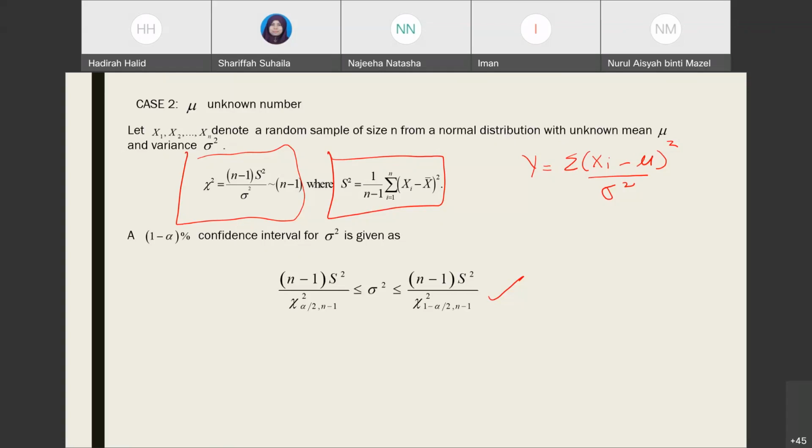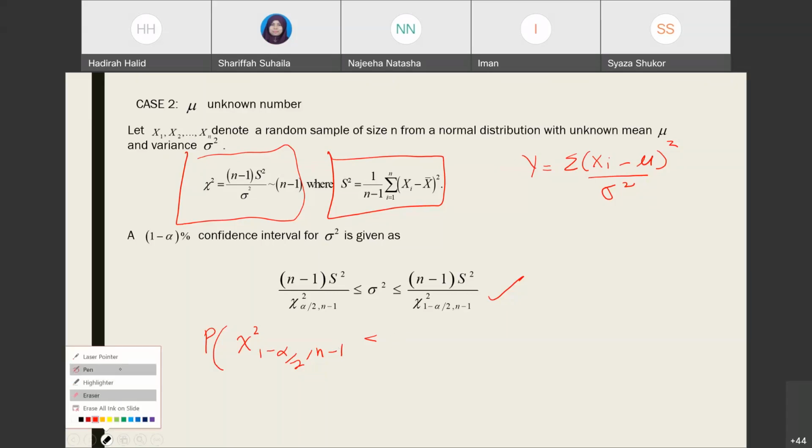You want to construct it for probability 1 minus alpha. It is the same thing. That means you will have your chi-square 1 minus alpha over 2, but now the degree of freedom is n minus 1.